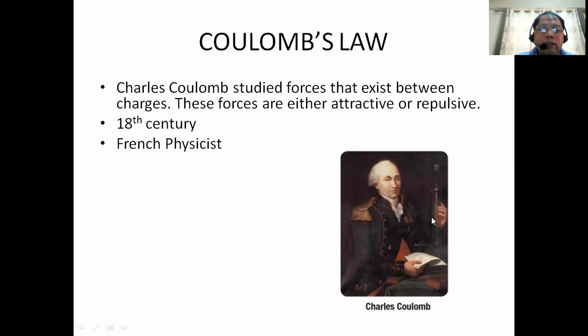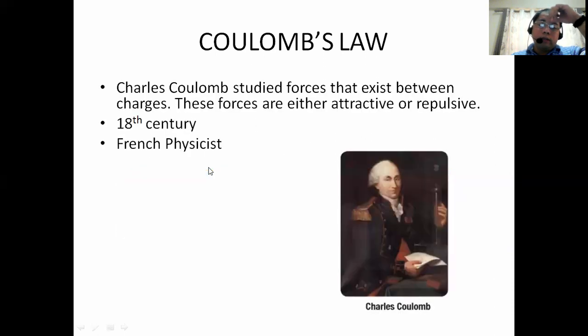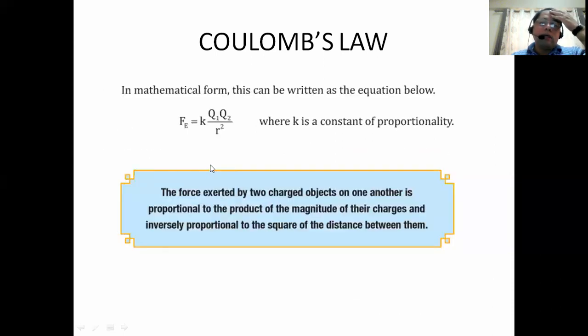So here's the French physicist Charles Augustin de Coulomb, in some text that we read. Here is the equation that he formulated. So he eventually gives us a force of either attraction or repulsion.